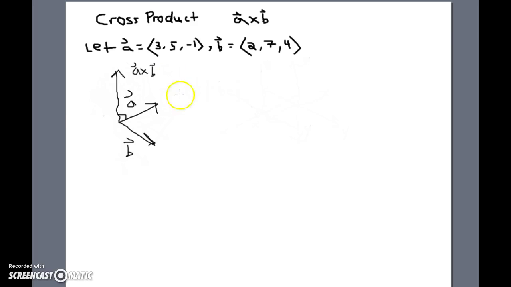So a classic example of a cross product is this. We have the 3D axes, x, y, and z. Let's say I have vector 1, 0, 0 along the x-axis, and then the vector 0, 1, 0, which is along the y.